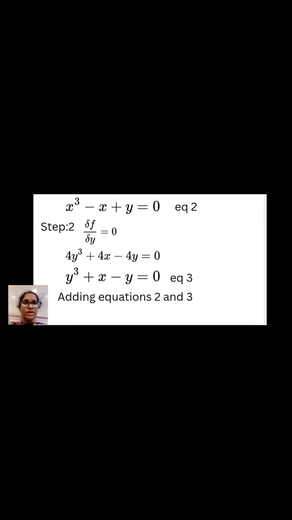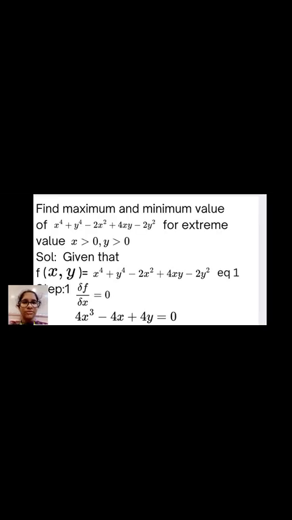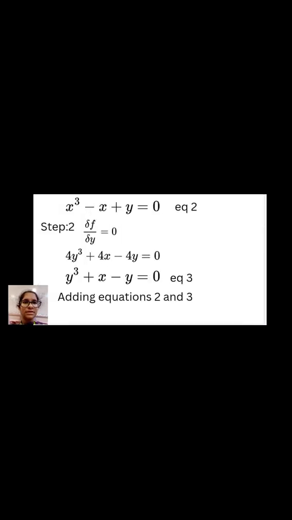Second step, ∂f/∂y = 0. y^4 becomes 4y^3, plus 4xy becomes 4x, next minus 2y^2 becomes minus 4y, equal to 0. Dividing this by 4, we get y^3 + x - y = 0.